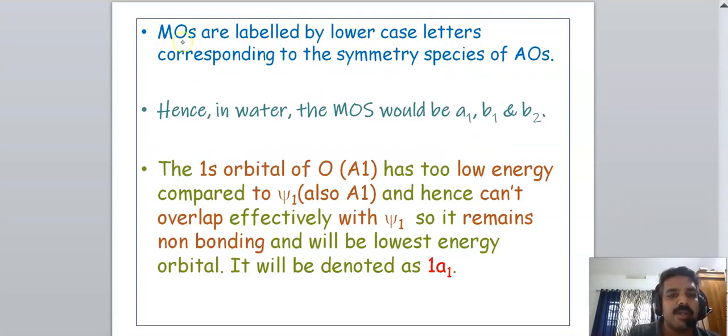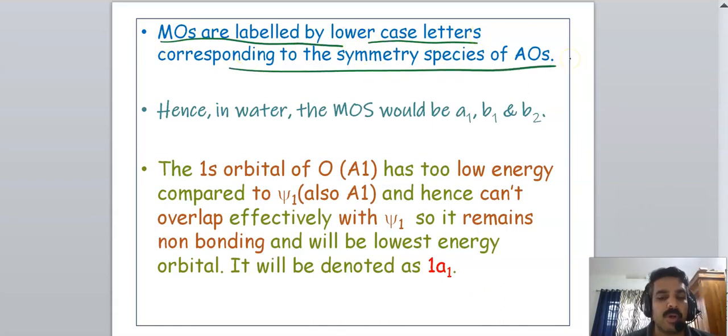And before that, remember that molecular orbitals are labeled by lowercase letters corresponding to the symmetry species of the atomic orbitals. The symmetry species are A1, B2 and so on.